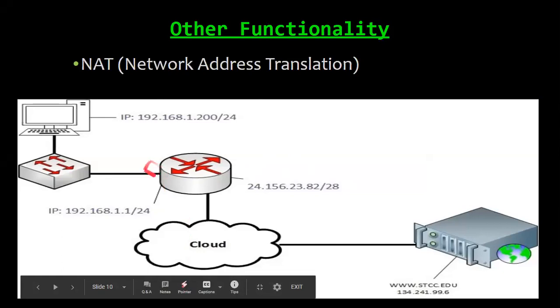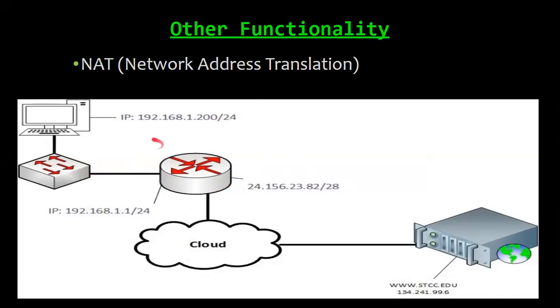So again, inside, outside. We'll see this in the commands in a little bit. Now we have to worry about local. Here's a local IP, which in this example is a straightforward example. The local IP is a private IP, but whatever I'm doing, NAT, dynamic NAT, static NAT, or PAT, I'm going to translate this local IP of 192.168.1.200 over to a global IP of 24.156.23.82.